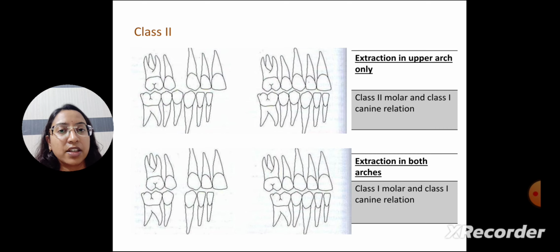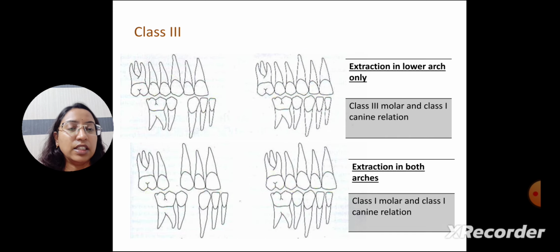The upper arch entire space we'll use for retraction of the anterior teeth, whereas the lower space, after whatever decrowding we are doing, the remaining space we use to protract the molars. So here we'll achieve a class 1 molar and class 1 canine relationship. In terms of anchorage, the upper arch is usually maximum anchorage, whereas the lower arch is minimum or group C anchorage, because we are getting the molars forward.